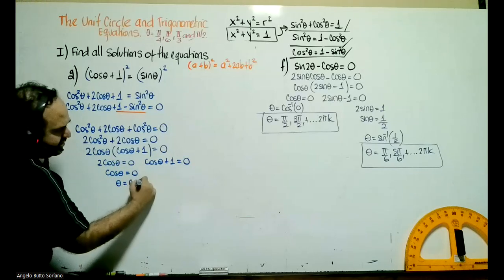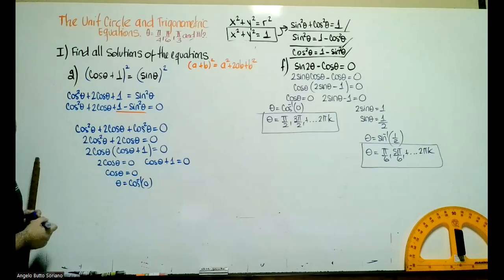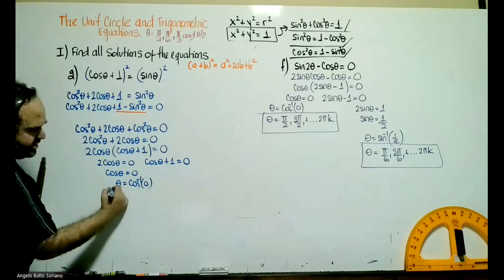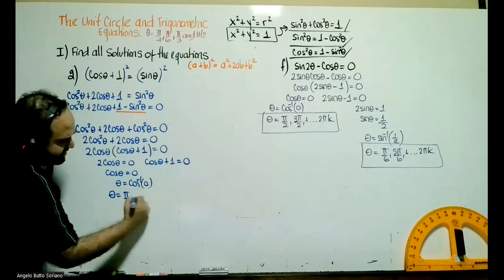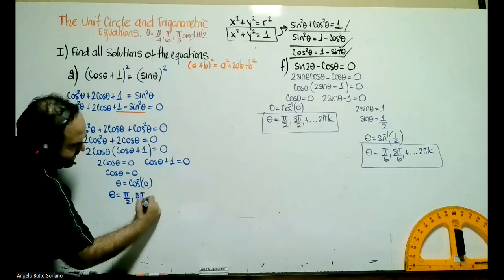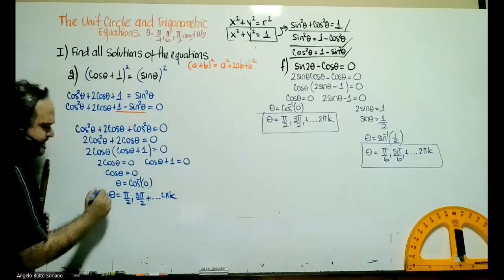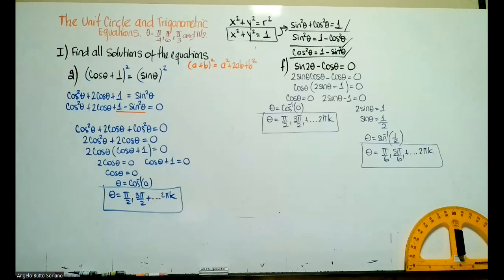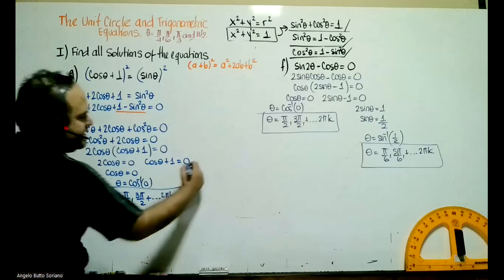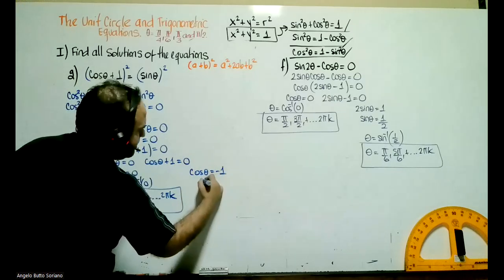Theta will be arc cosine of 0. And what values are provided by 0 in cosine? Simple. That will be pi half and 3 pi half plus 2 pi k. This is the solution set on one hand. By the other hand, cosine theta will be equal to -1.